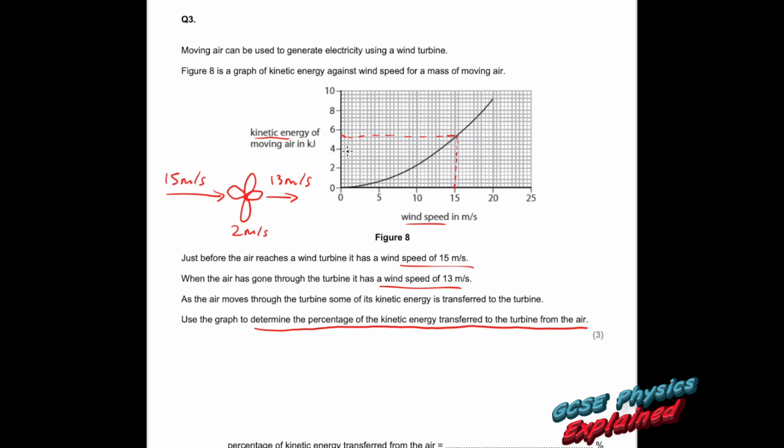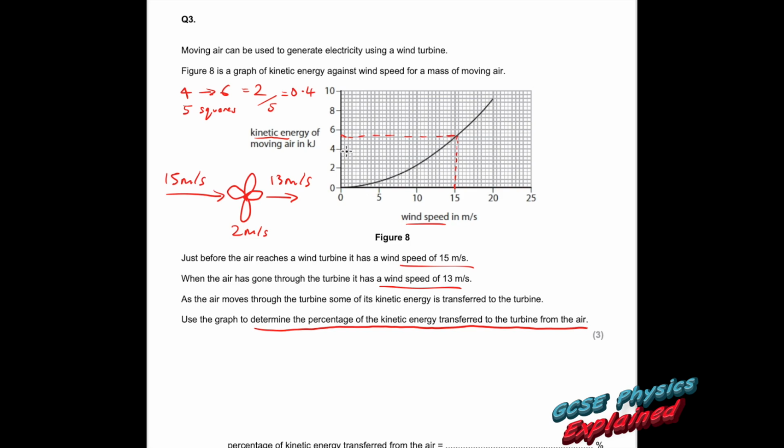Right, what's that? That's about, so hang on, there's 4 and there's 6 and there's 1, 2, 3, 4, 5 little squares. So it goes from 4 to 6, so that's an increase of 2, and there's 5 squares. So if we do 2 divided by 5, that means that each increase is 0.4.